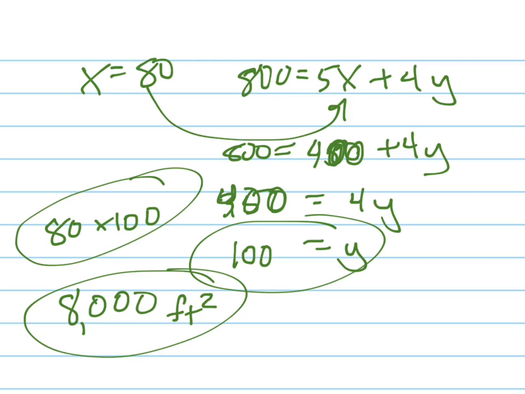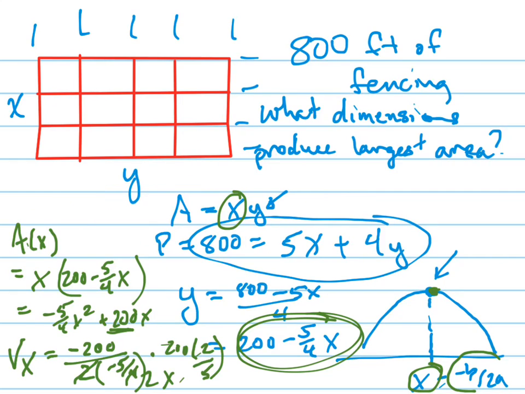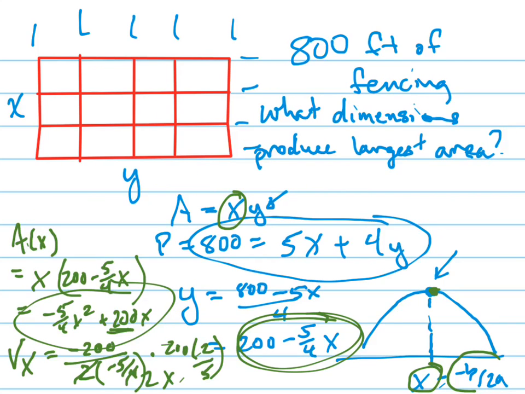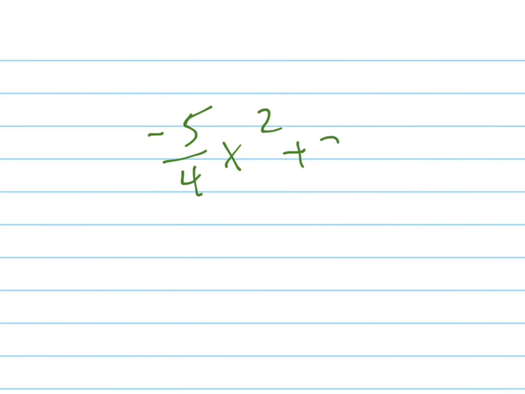The third way you could have done it, which is even more complicated, is to take this and put it in vertex form. So let me show you how that is. Negative 5/4 x squared plus 200x. Remember this little trick where you factor out the negative 5/4 and then you find something to add and subtract?